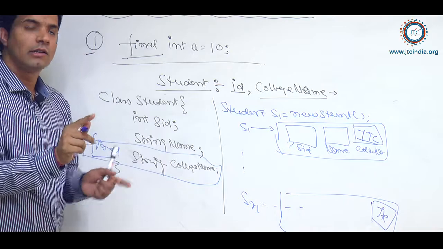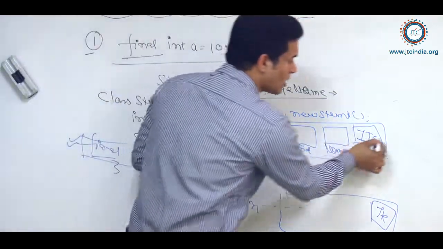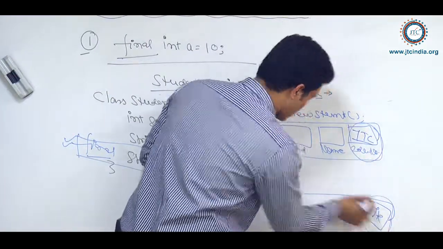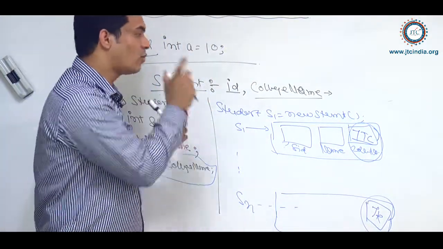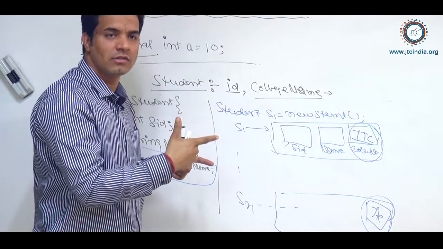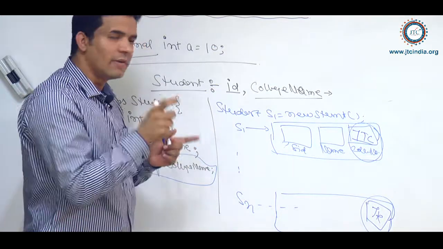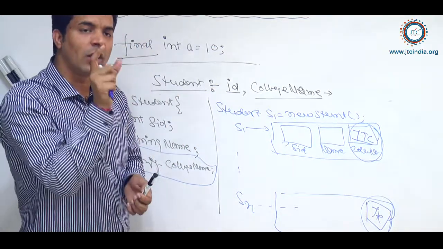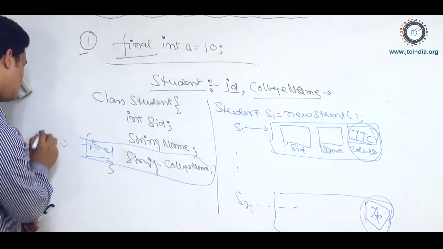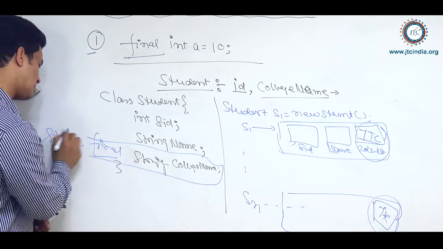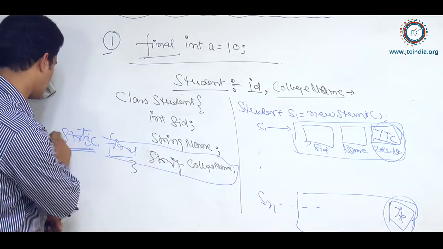Which means why allocate memory for this college again and again for all the students? Why can't we write it at one place and have it accessed in all the cases? So if you want the memory to be allocated only once, first we need to declare it as static.